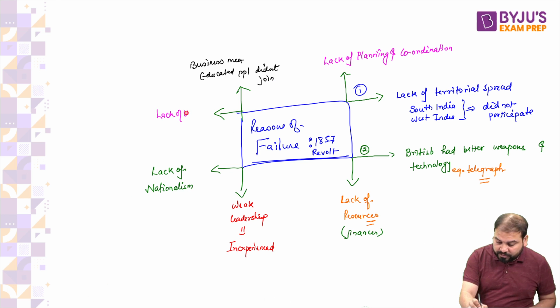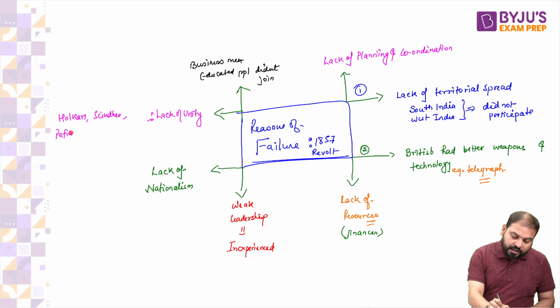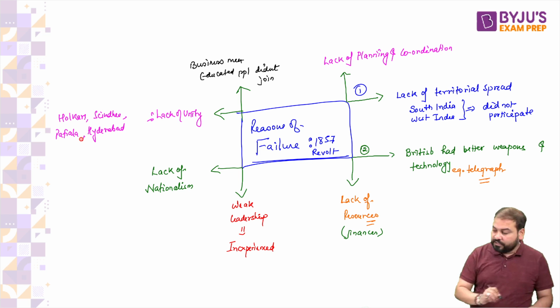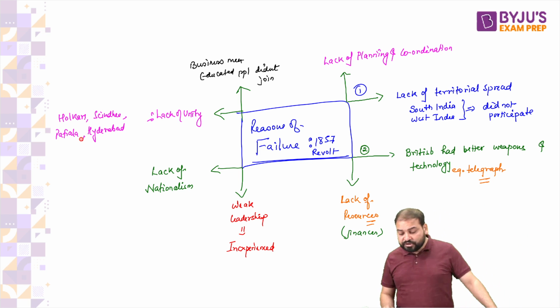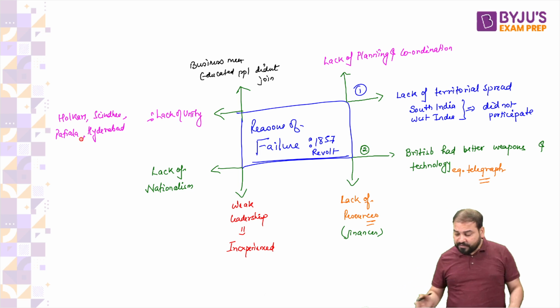Lack of unity. You only see the big kings like Holkars, Sindhyas, Patiala, similarly Hyderabad. They all were on whose side? They all were on the side of the British. Everyone.